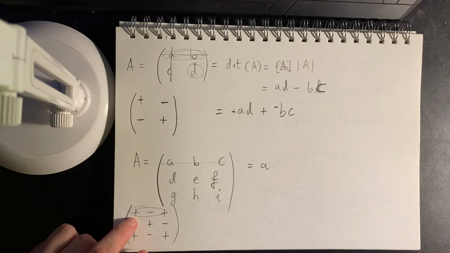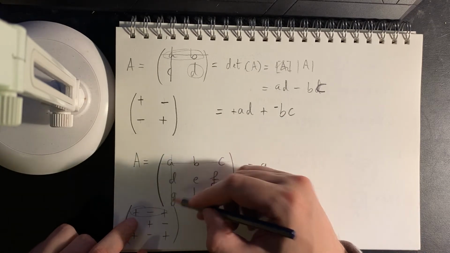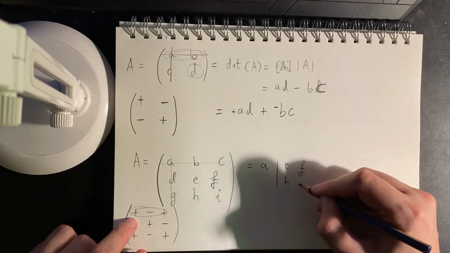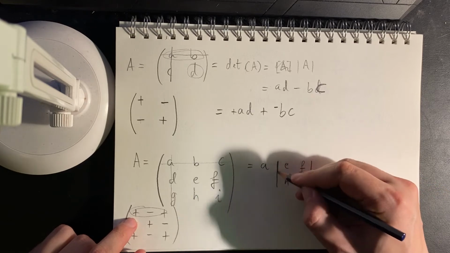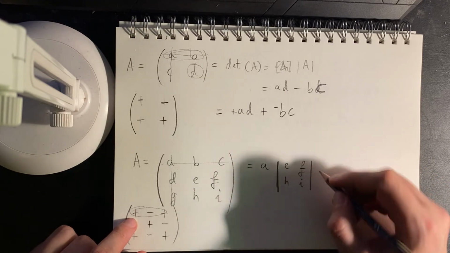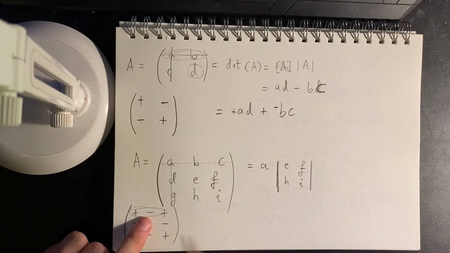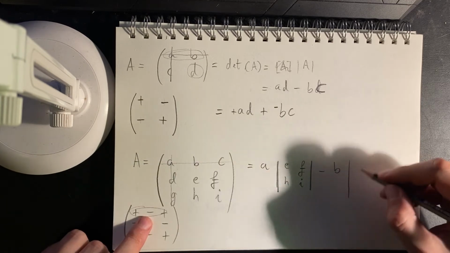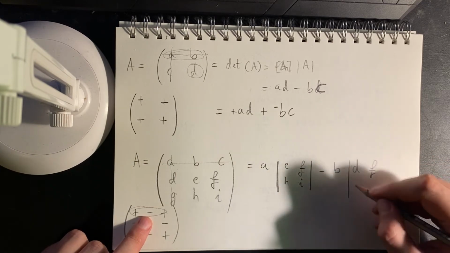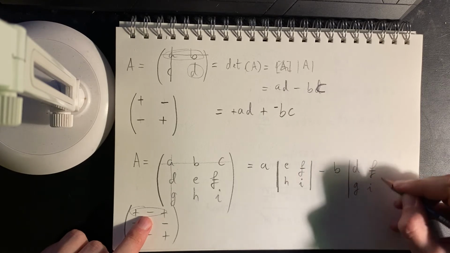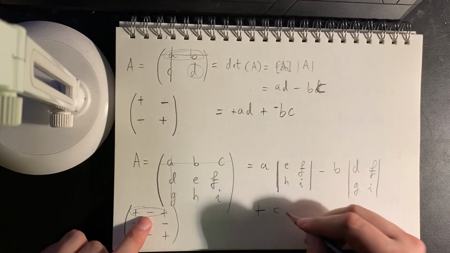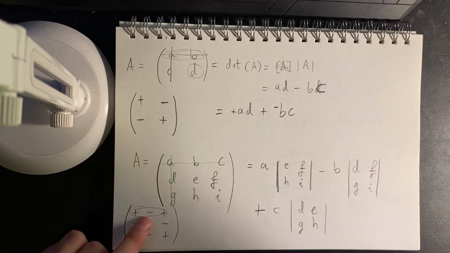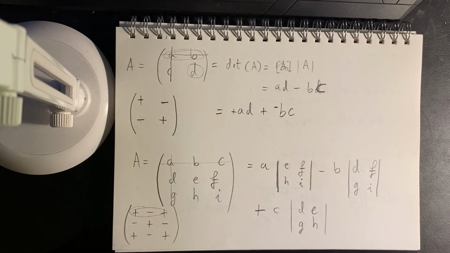So I take positive 1 times A, strike out the row and column, and what's left is this little 2 by 2. And we take the determinant of that 2 by 2. Then I have B, but B has a corresponding negative sign, so minus B, strike out the row and column, and insert the elements which are remaining, plus C, strike out the row and column. There we have it.